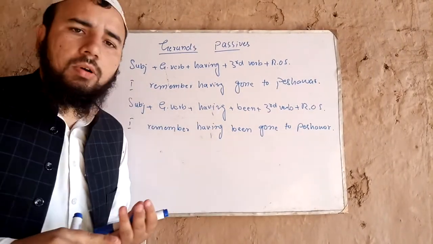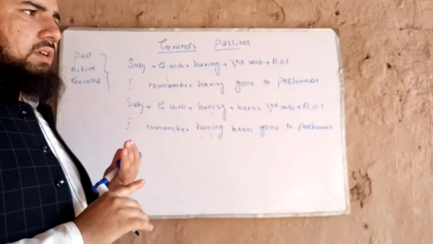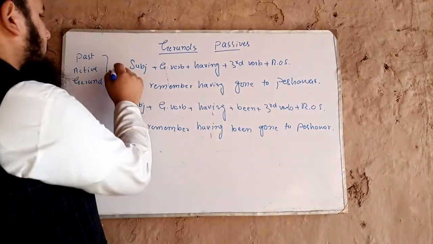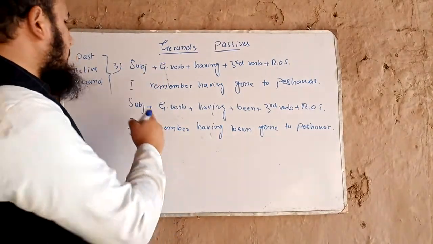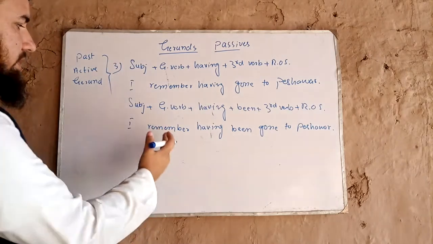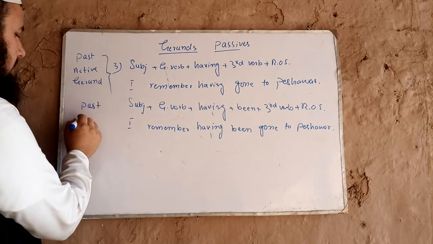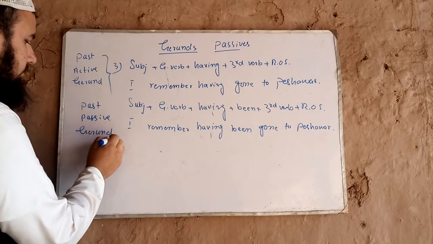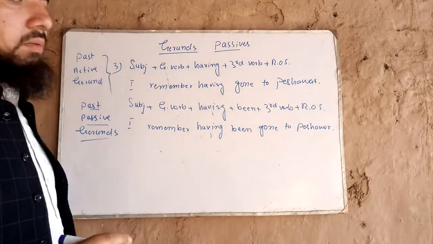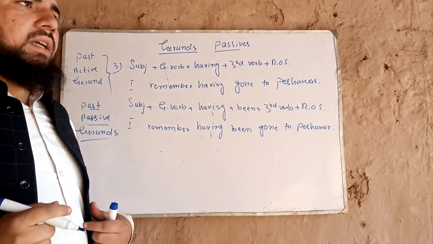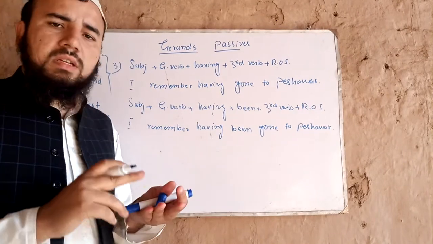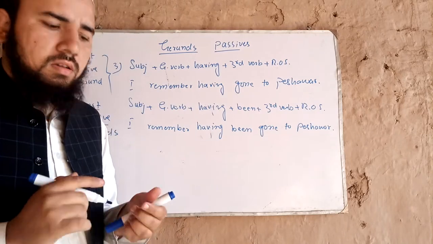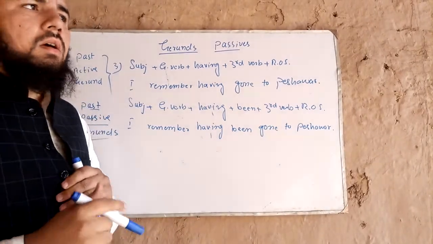One structure is about the present active gerund and how we will change it. This is the second kind of structure. This is the third structure, how we will change the past active gerund, and this is the past passive gerund. Now guys, I'll repeat it again: if we have subject plus gerund verb plus gerund and rest of the sentence, this is called our present active gerund.